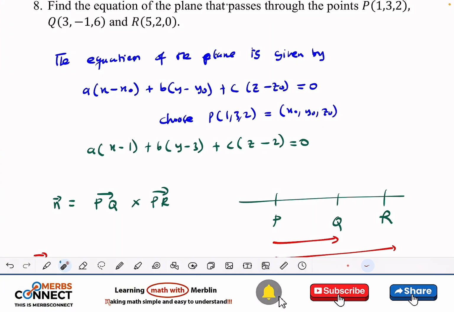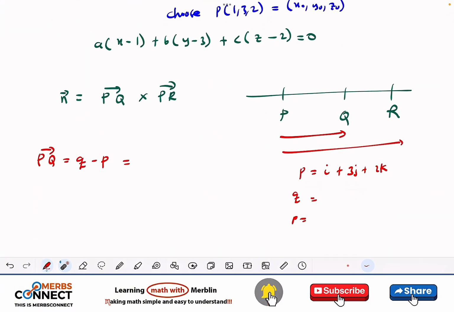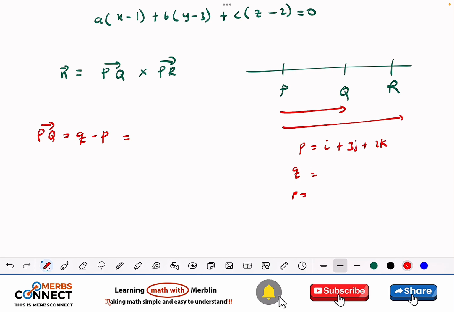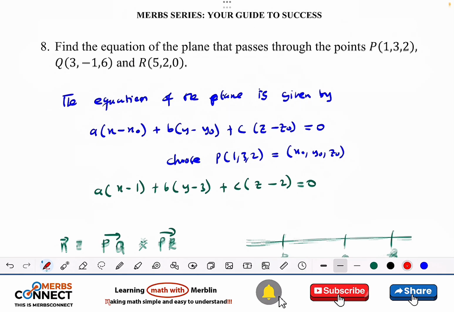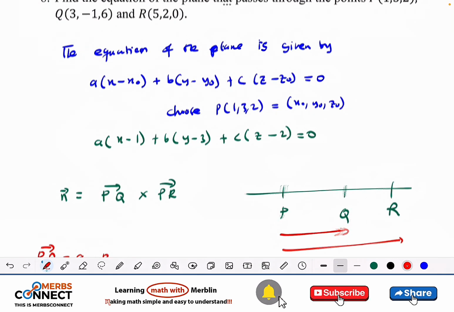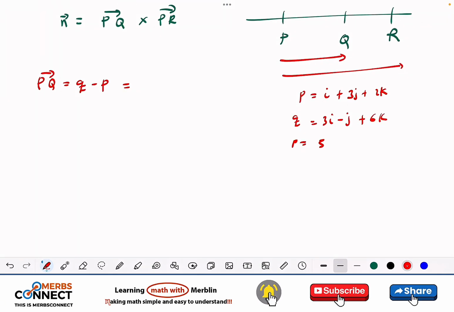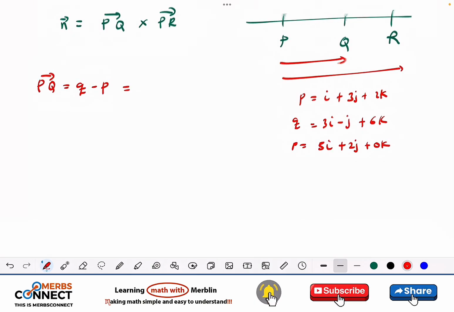And then q is 3, 1, 6, so 3i minus j plus 6k. And r is 5, 2, 0, so 5i plus 2j plus 0k.